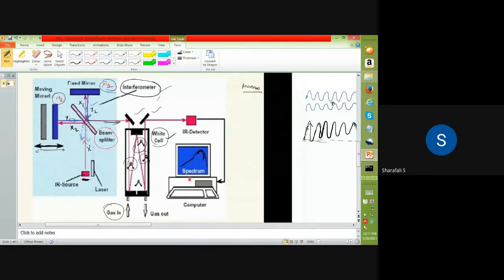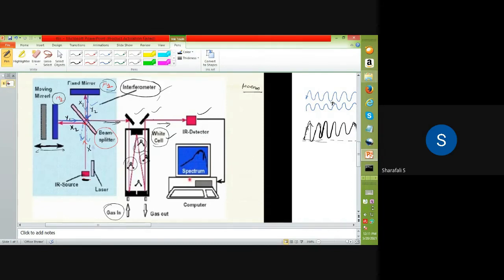be absorbed by the molecule. The different groups in this molecule will absorb the radiation and vibrate inside the sample if they match the vibration frequency. Then the remaining frequencies will come back through this mirror and be detected by this IR detector.